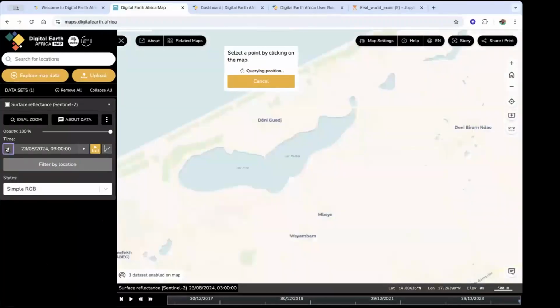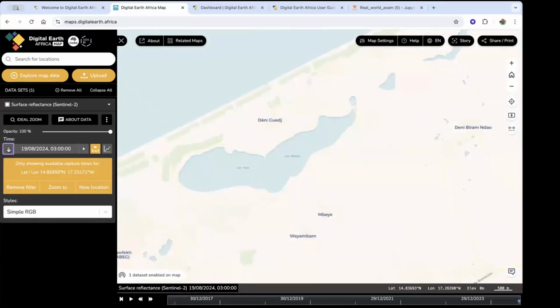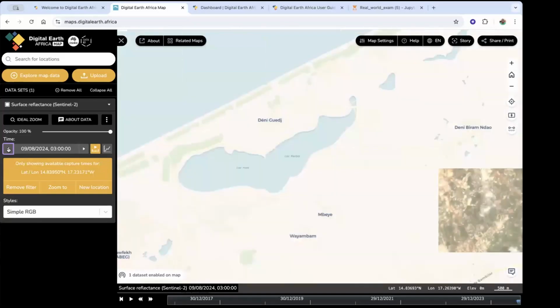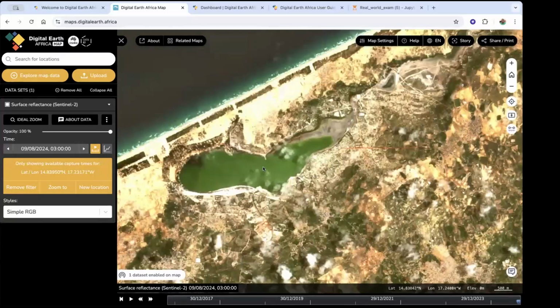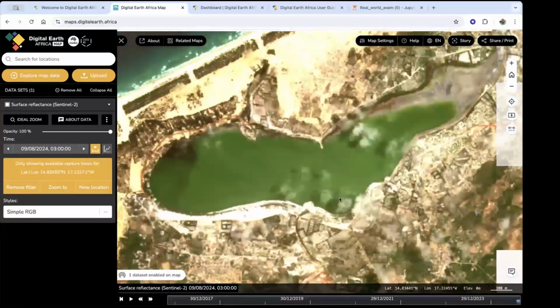So around this time could be cloud, but you can just move around different dates to get cloud-free data. And as we do that, we also remember that we have our cloud-free mosaics called GeoMAD, which I'll use for this example. But around July, we can miss an image. Around this time, we have early this month, and you can see how it appears from space.